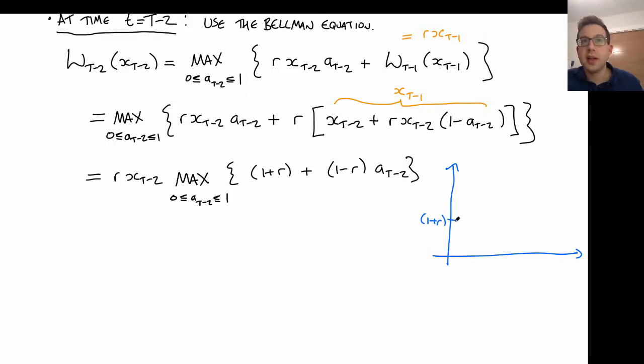Depending on the slope of that line, if it's a positive slope, which we'd usually expect, then we've got a line going up here, and if I look at the range of a from 0 to 1, we're going to end up maximizing at 1, over here. But if the slope was negative, we're going to maximize over here at a equals 0. So in other words, it's going to be the maximum between the two endpoints in either case.